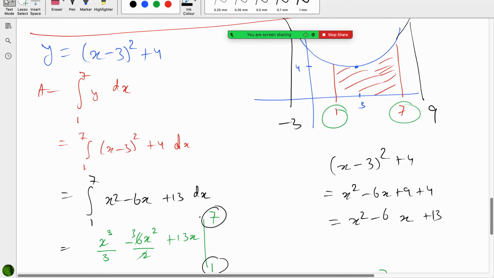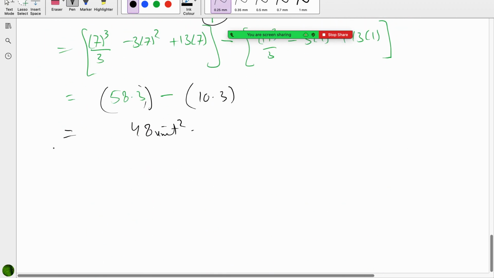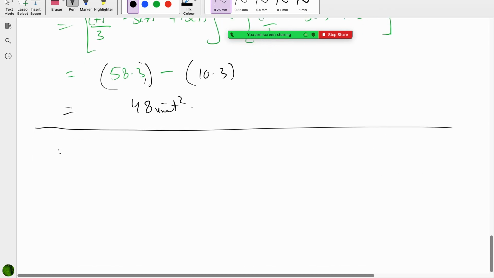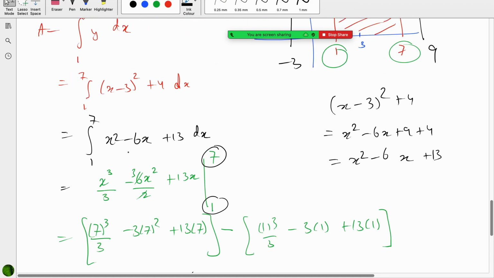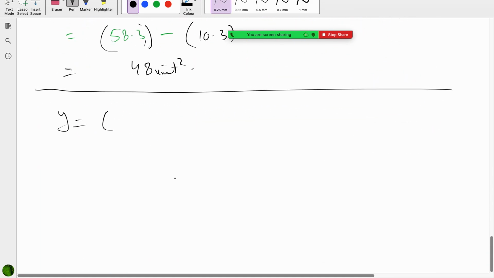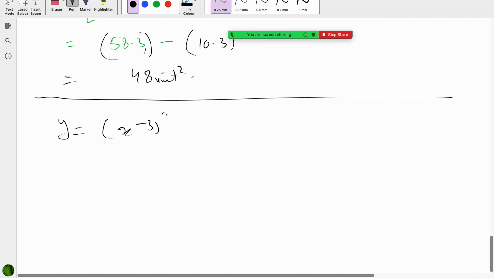Now the second way. As in differentiation, we had different shapes and we knew how to solve them. The same goes with integration. The question was x minus 3 whole square plus 4. How do we integrate this type of question directly?